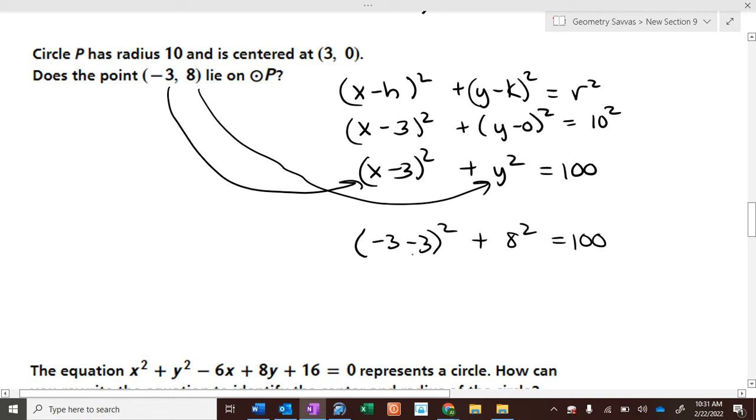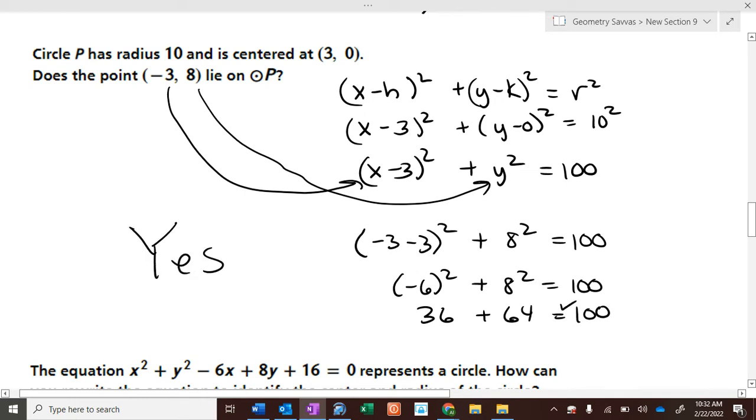What's negative 3 minus 3? It's negative 6 squared. What's negative 6 squared? What's 8 squared? Does that equal 100? Yes, that checks. So yes, that point lies on that circle. So that's a yes answer.